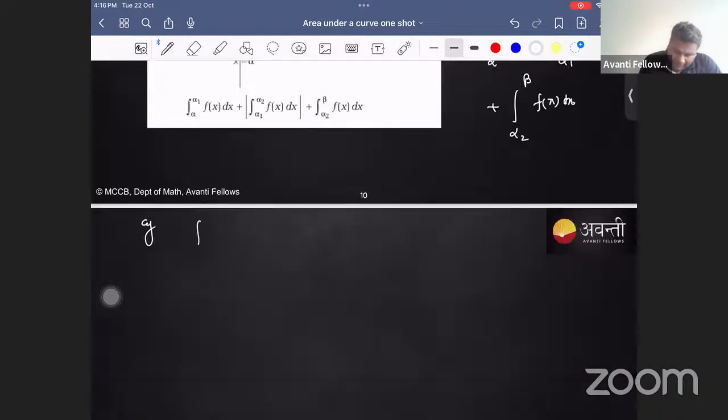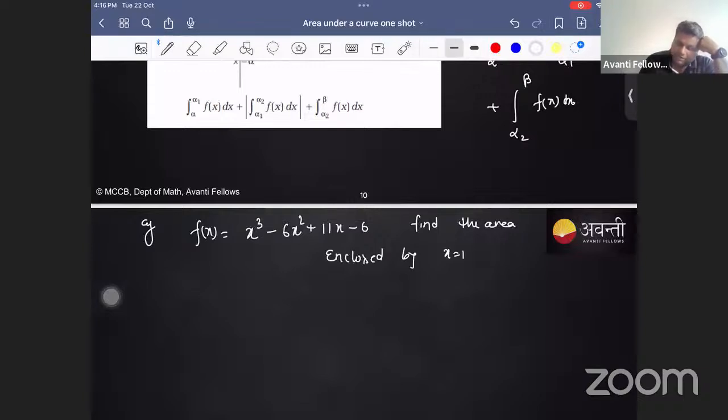Like for example, if I take fx equals to x cube minus 6x square plus 11x minus 6. So find the area enclosed by x equal to 0, x equal to 3, fx and x-axis.